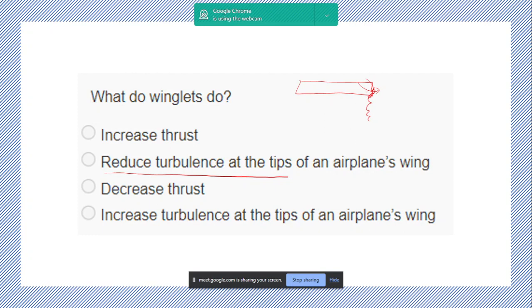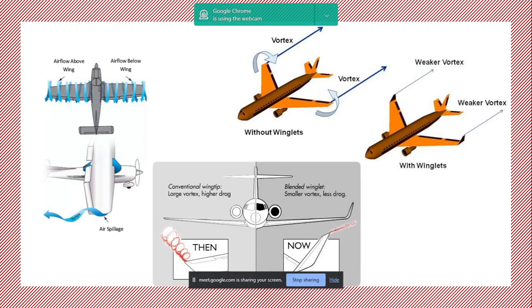There will obviously be turbulence, there will obviously be vortices generated, but it reduces it by smoothing out the flow. It makes sure that the flows coming from below and above the wing surfaces do not suddenly interact at a point; it gradually makes them interact. What happens is that it reduces the turbulence at the tips, like he said, reducing the drag. So you can see this is an image that I had shown in the first session.